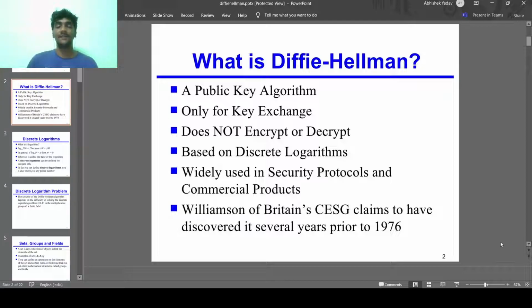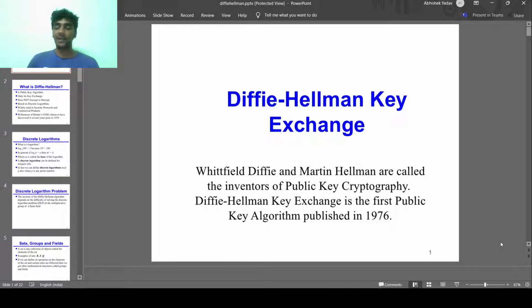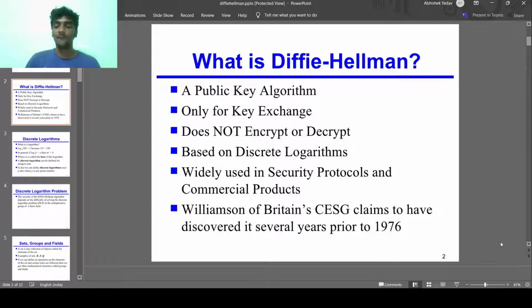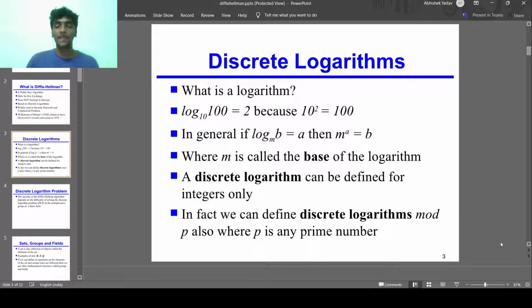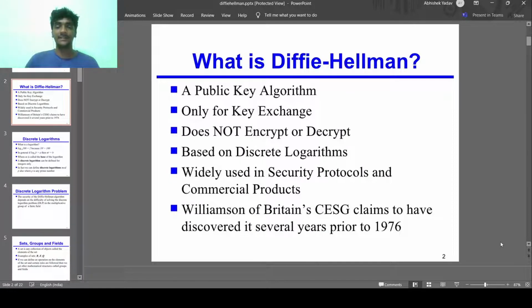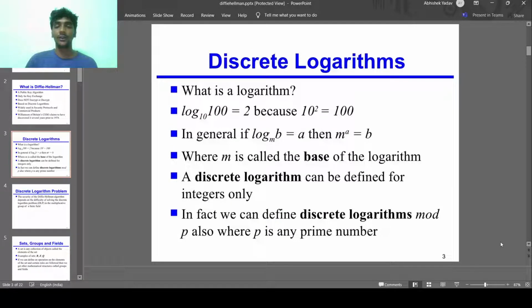So Diffie-Hellman was published in 1976 by Whitfield Diffie and Martin Hellman, and Williamson claims to have discovered it several years prior. As we know, Diffie-Hellman is based on discrete logarithms. So moving on to discrete logarithms.